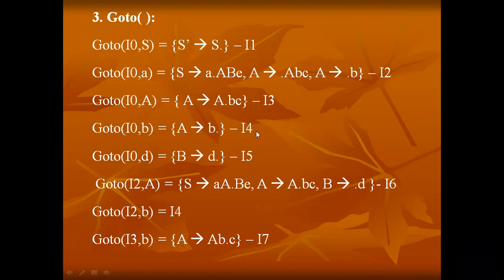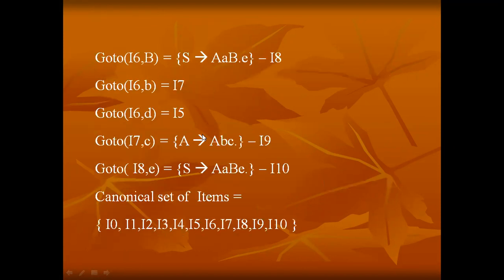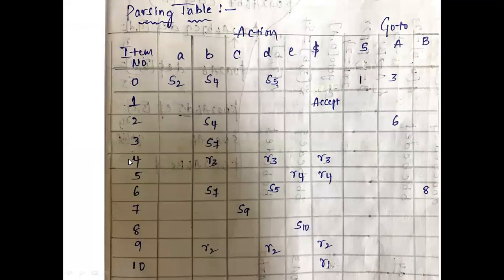At item number 4, which rule is it? R3, right? The follow of A is again BD dollar. So just place R3, R3, R3 here. Write down like this, R3, R3, R3, right?